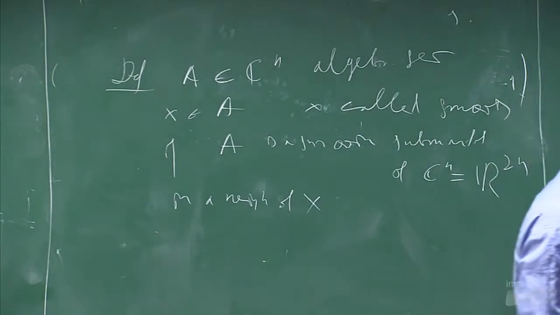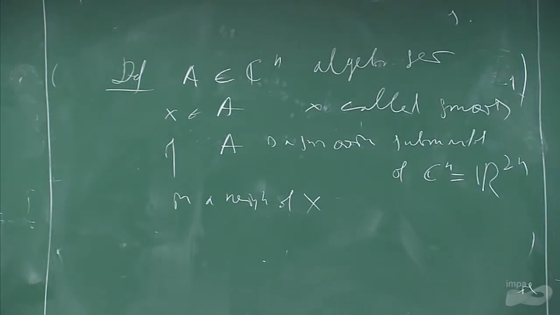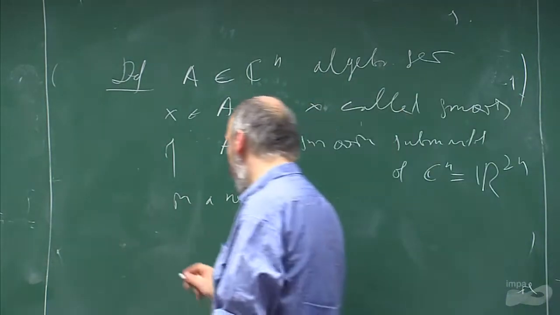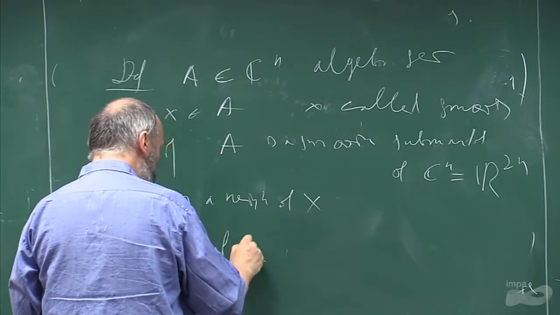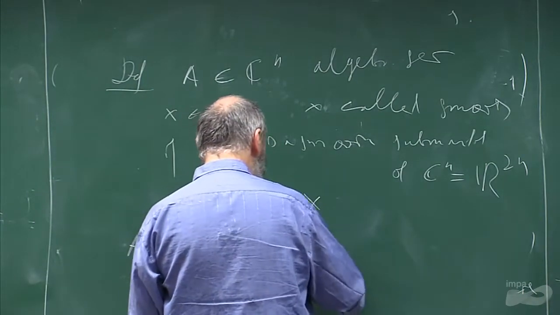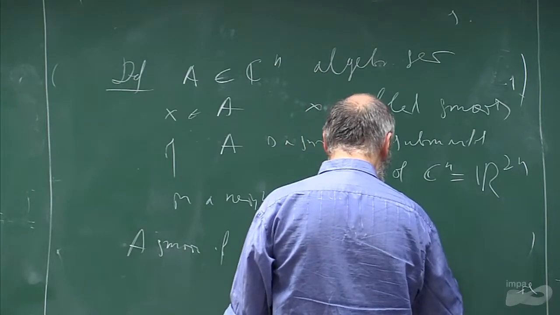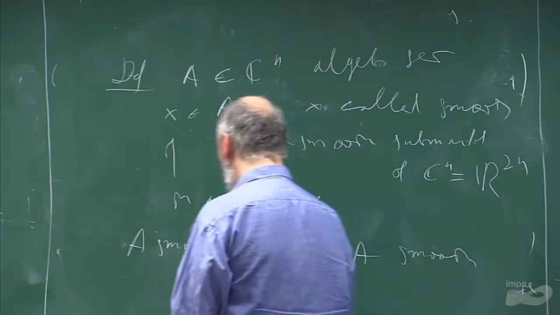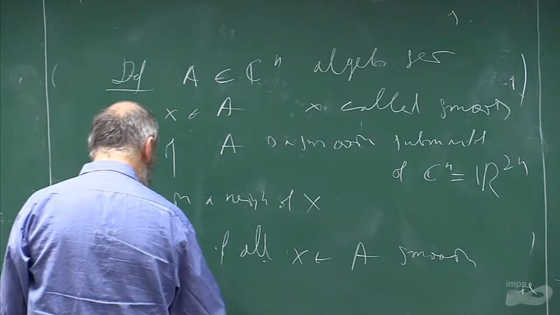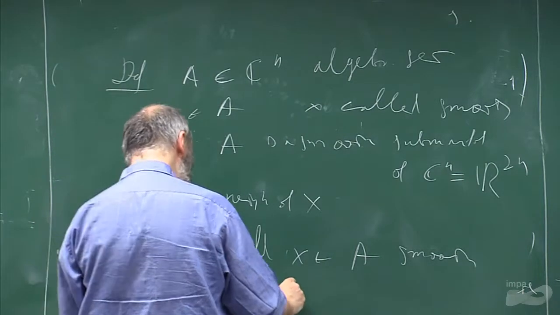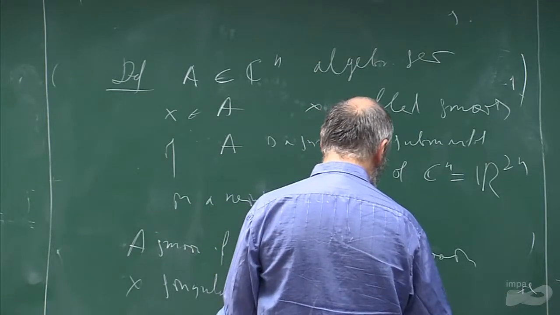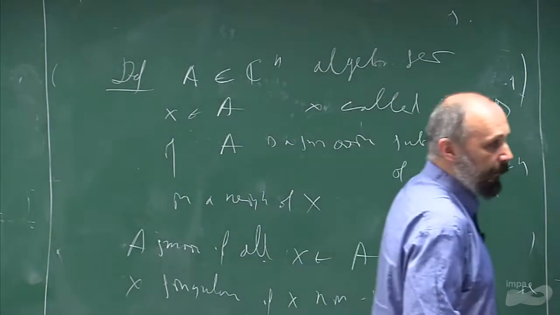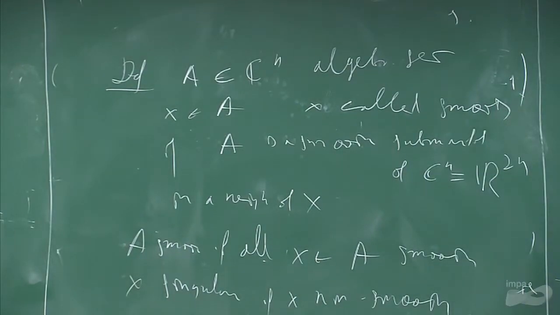So it's the same as here, just in the neighborhood of x. And of course, A is smooth if all points x inside A are smooth, and x is singular if it's not smooth. So this is sort of a topological property of an algebraic set.